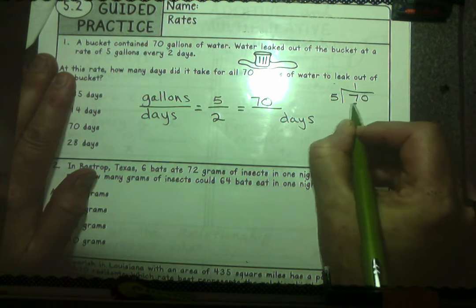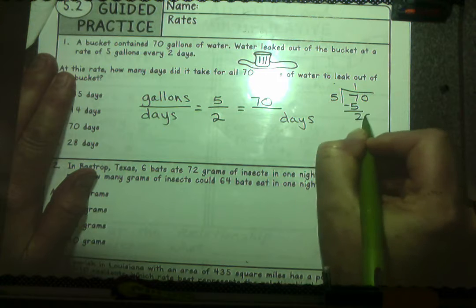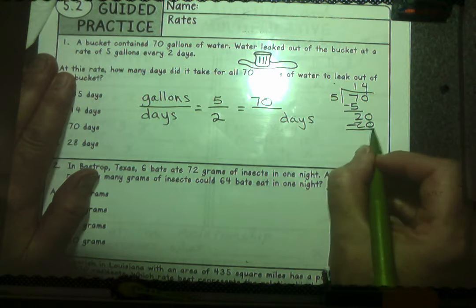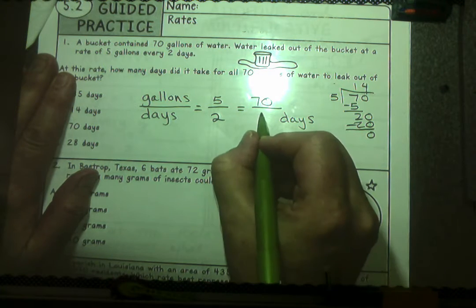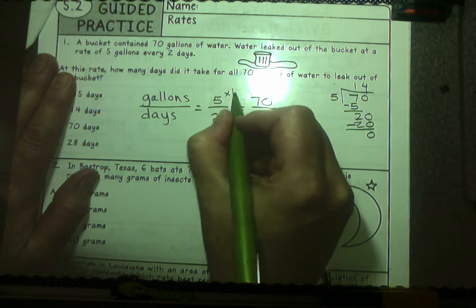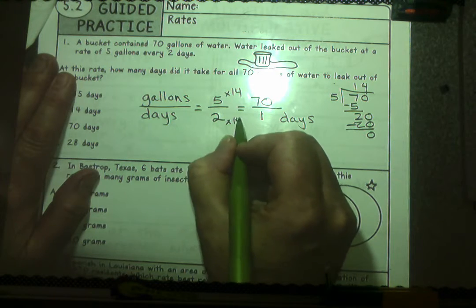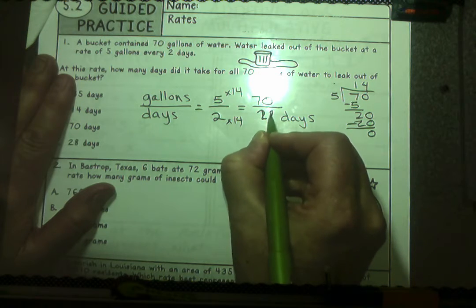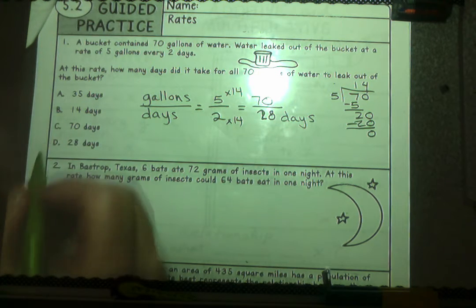Oh, wait. 14. Yep, 14. So this is times 14, and this is times 14. So that would give me 28 days. So the answer is D.